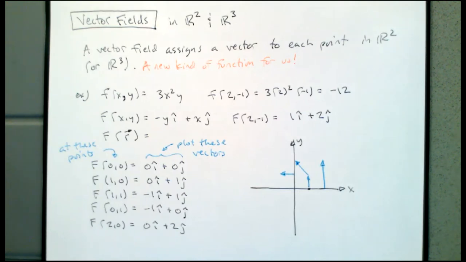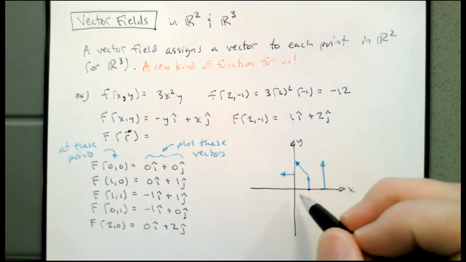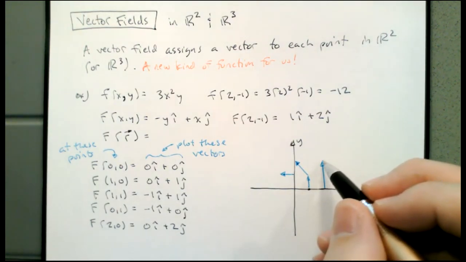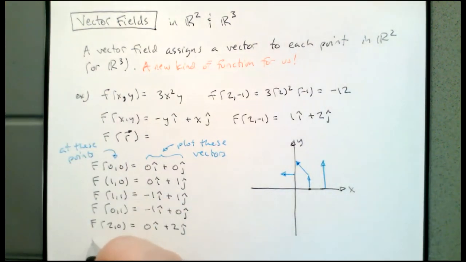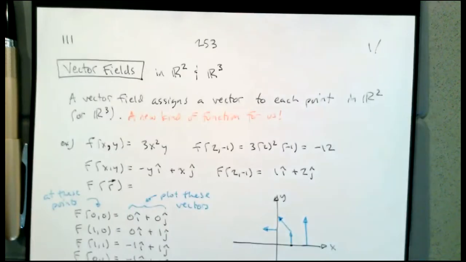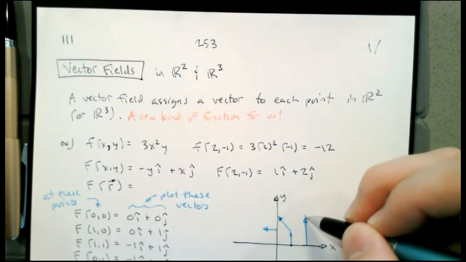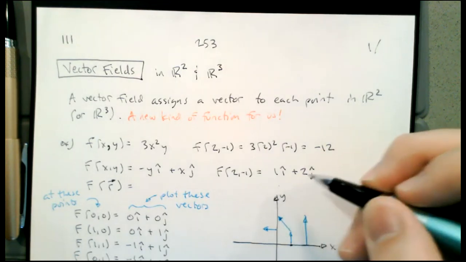If we look at vectors on the other side, let's see. If I evaluate the vector field at 2, 2, we'll get negative 2i plus 2j. So that vector at the point 2, 2 will go negative 2i plus 2j.